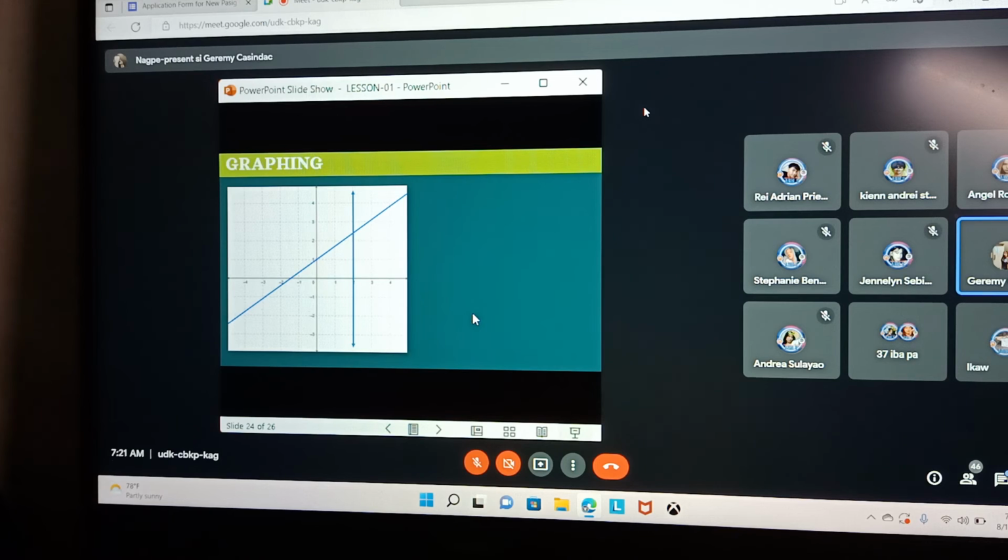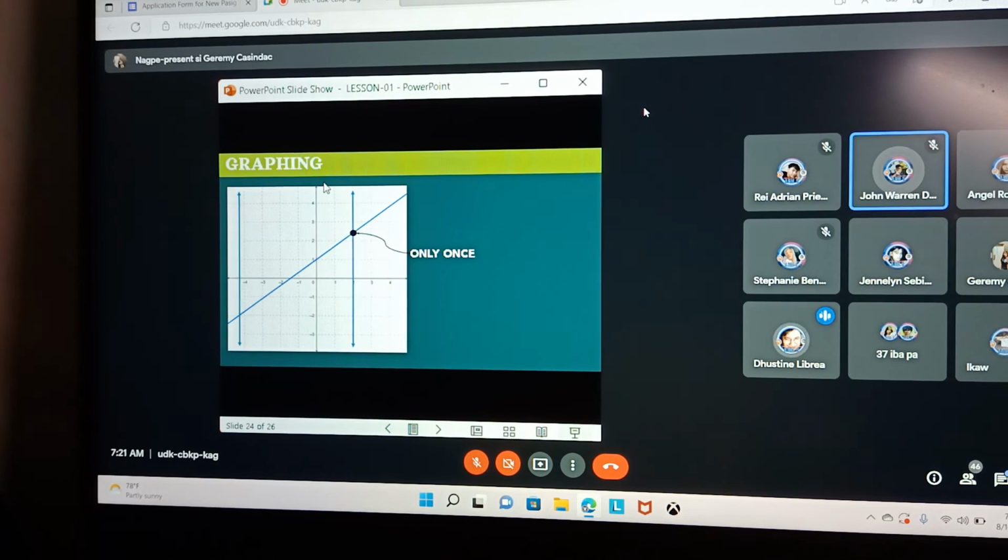How many times did our vertical line touch our graph or our lines? Okay, Cepido, Genevieve. Ma'am, only one, po. Only once. Where did it touch? At this point. So, is this a function or not a function?